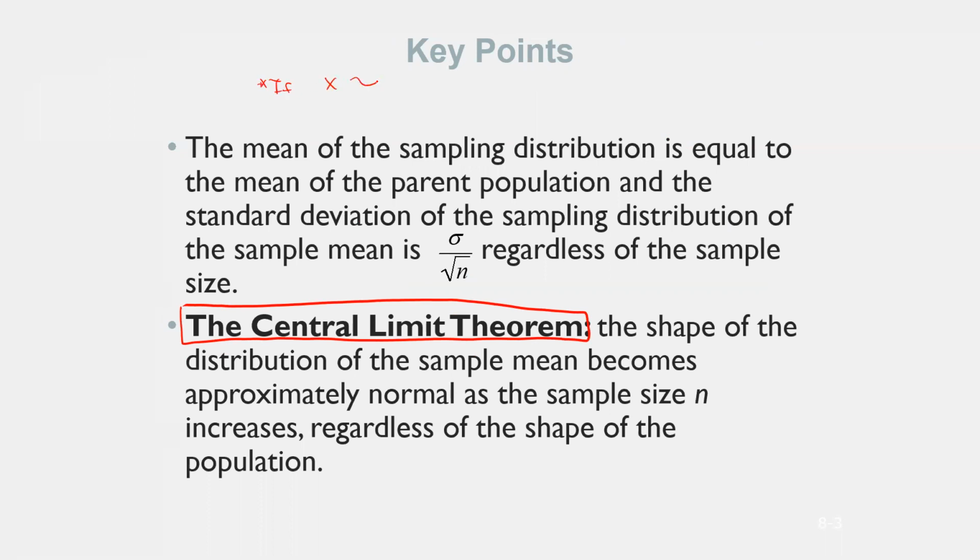If your original variable x is normally distributed, the sampling distribution of x bar will be normal, regardless of the sample size. But then what if your population is not normally distributed? It turns out we have this thing called the central limit theorem. It's the most important theorem of the class.